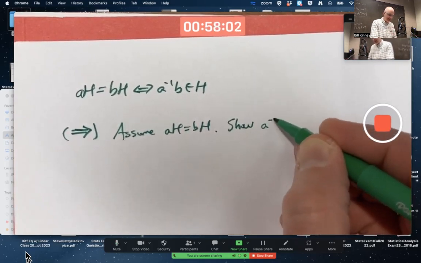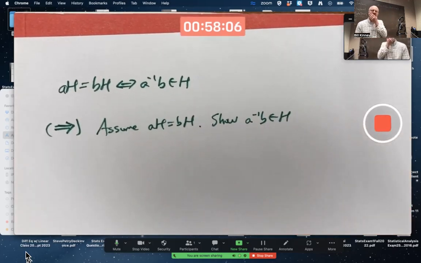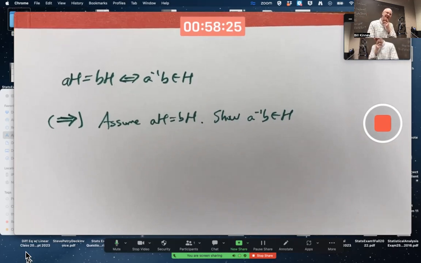Show A inverse B is in H. This feels a little trickier, I think. This kind of emphasizes that the author's approach is a little bit superior in this context. The author approaches this by relying on some other properties I haven't mentioned.